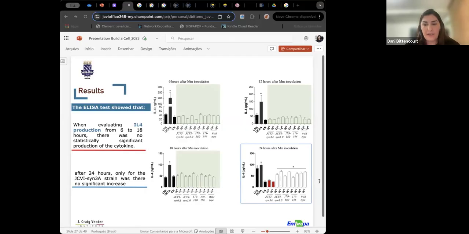But the IL-4 is the opposite. It holds and controls a little bit, slows down the inflammatory response from the cells. So here, none of them, in a certain way, were capable of inducing IL-4. Only after 24 hours do we have some of these, but even syn3A is very low.